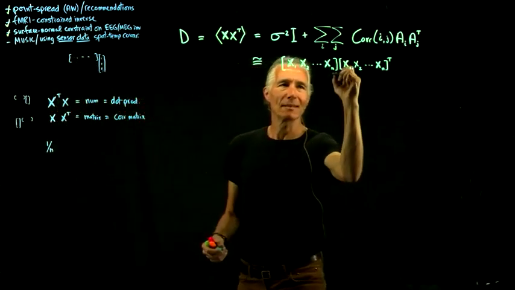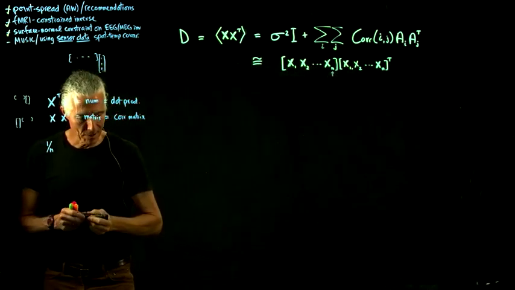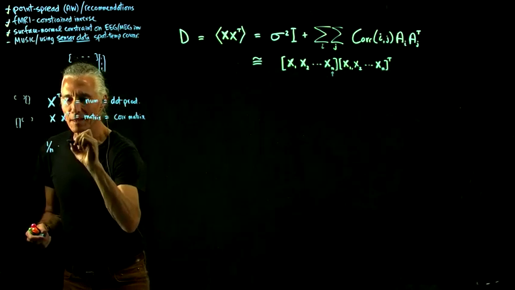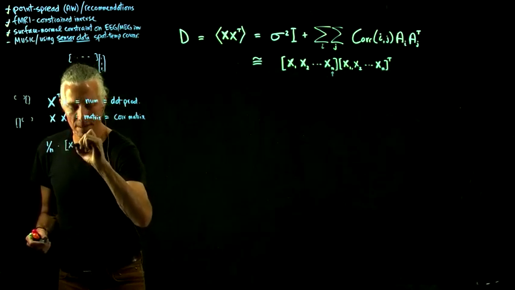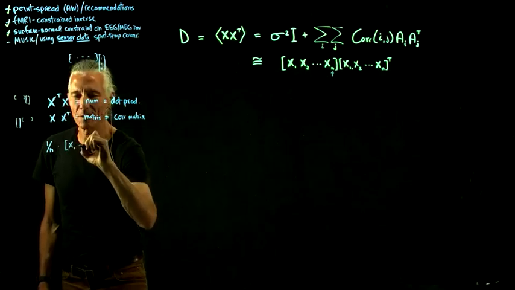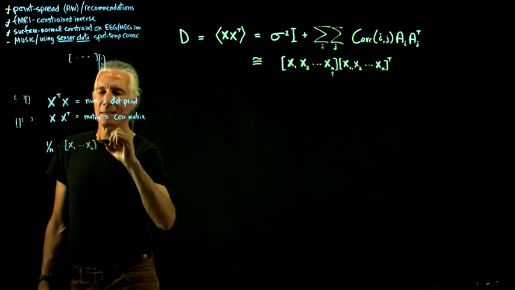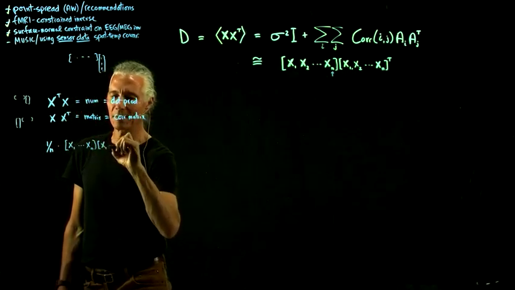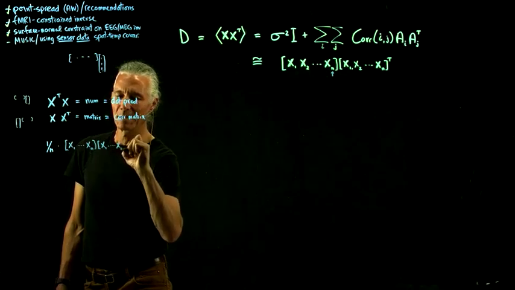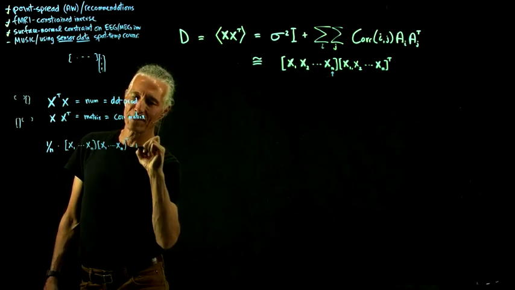So there's the n right there. If you divide by the number of entries, and then we multiply a whole series of vectors, also known as a matrix, times a whole series of vectors that is transposed, we still get a matrix.